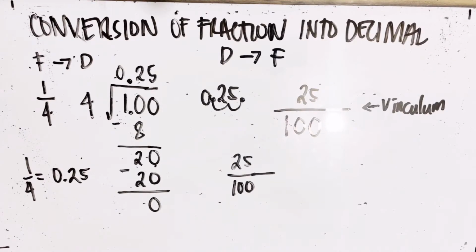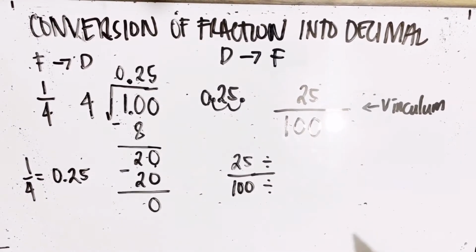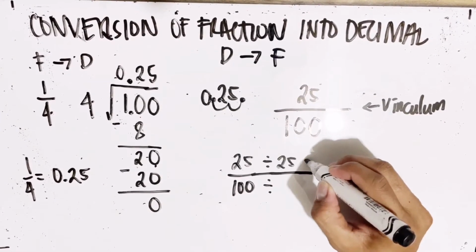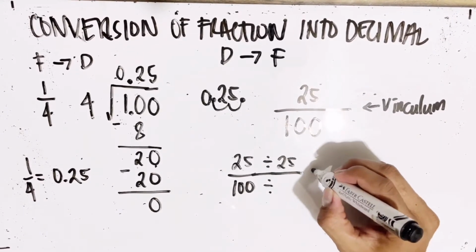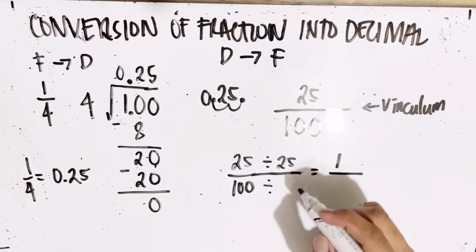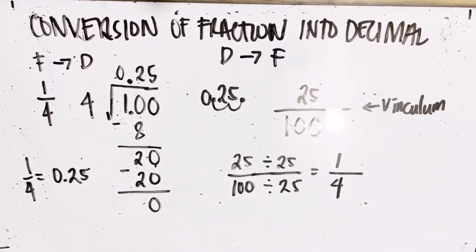The common divisor is 25. So 25 divided by 25 is equal to 1, while 100 divided by 25 is equal to 4.